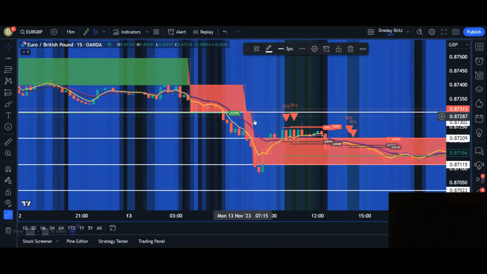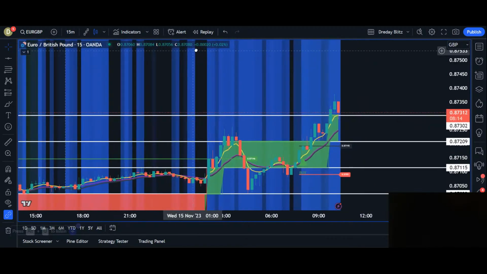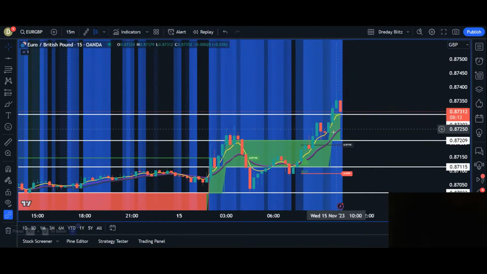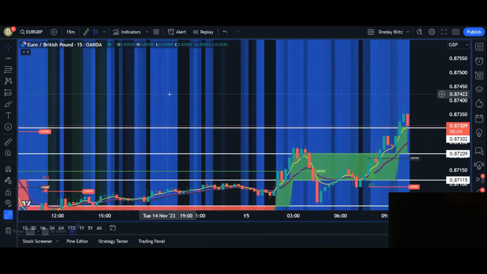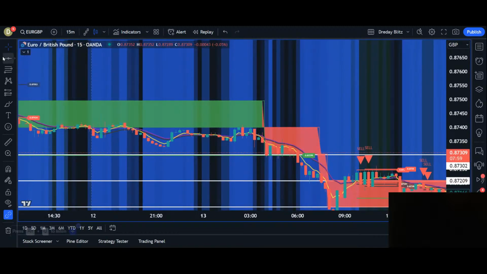So right here, this is the next Renko zone that we're expecting the price to go to. If we go back to our current price, you see it respected the zone. It's always going to respect the zone. So the next zone after that is this one.